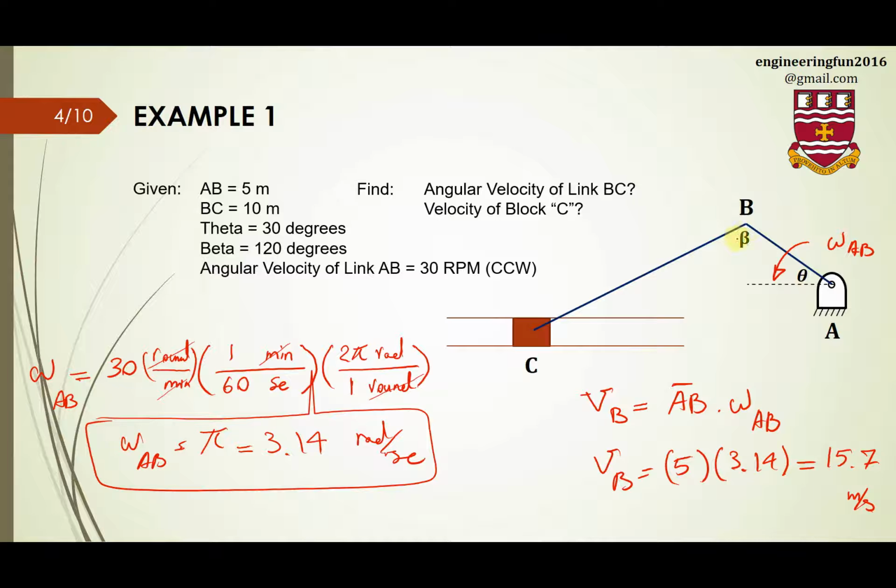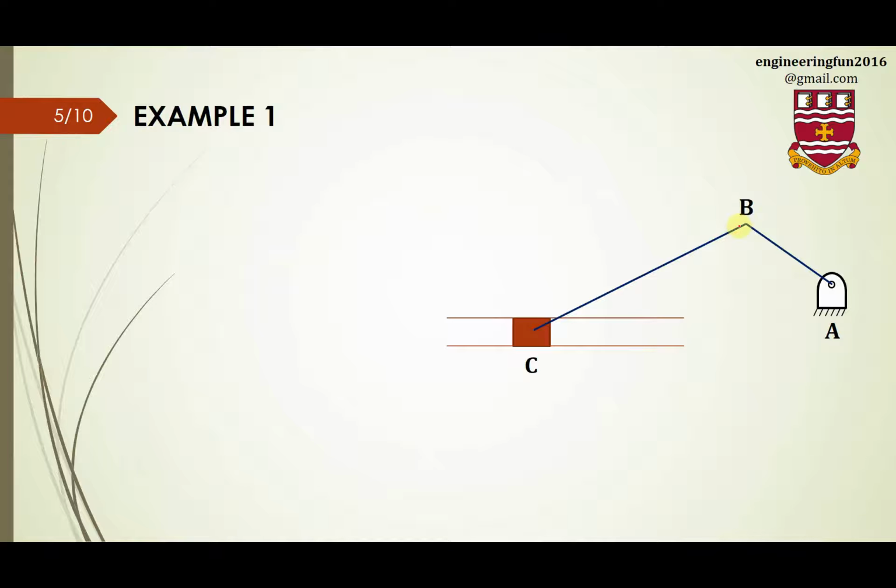The direction of velocity is perpendicular to the rod. So if this is the line perpendicular to the rod, we are rotating this way, so this is 90. This will be the velocity of point B. Okay, so I'm gonna show that one again here.